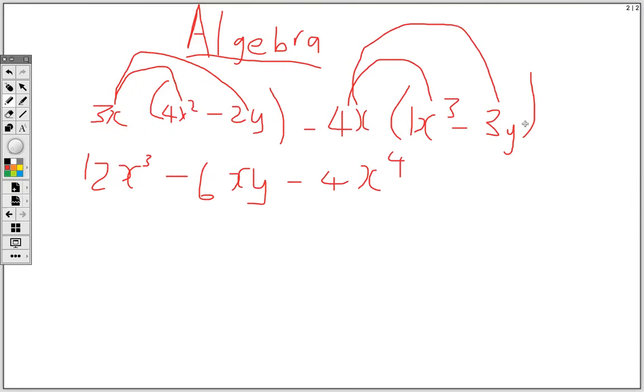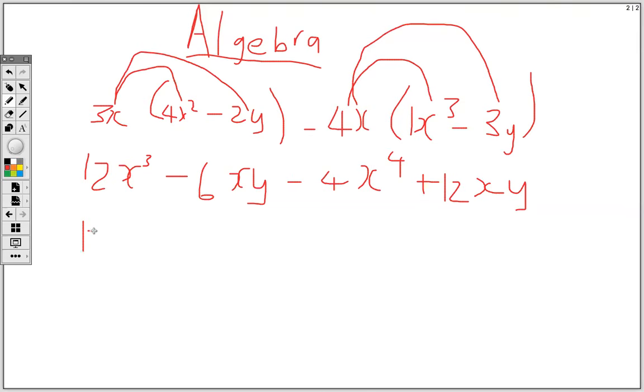So you have negative 4 times negative 3, that is positive 12, and x times y gives you xy. So the only like terms, this is x cubed and this is x squared, it is not the same. So we can't go any further with these two, but minus 6xy and 12xy, they are like terms, so we can go ahead and group them.